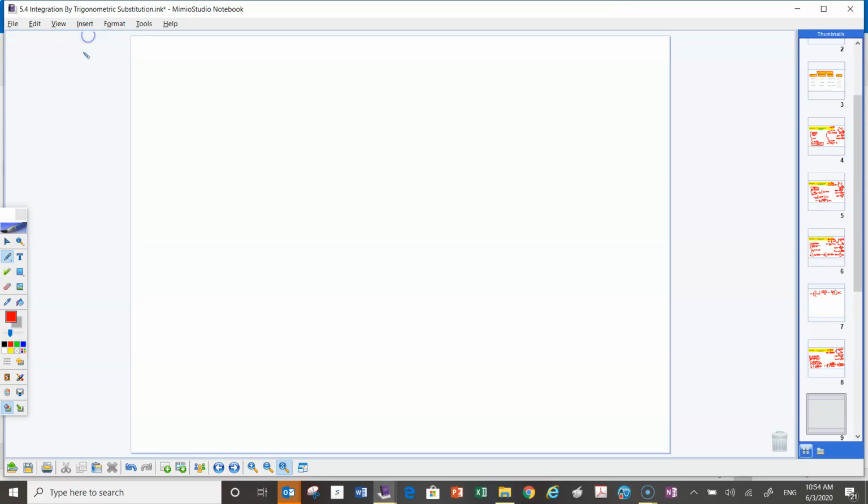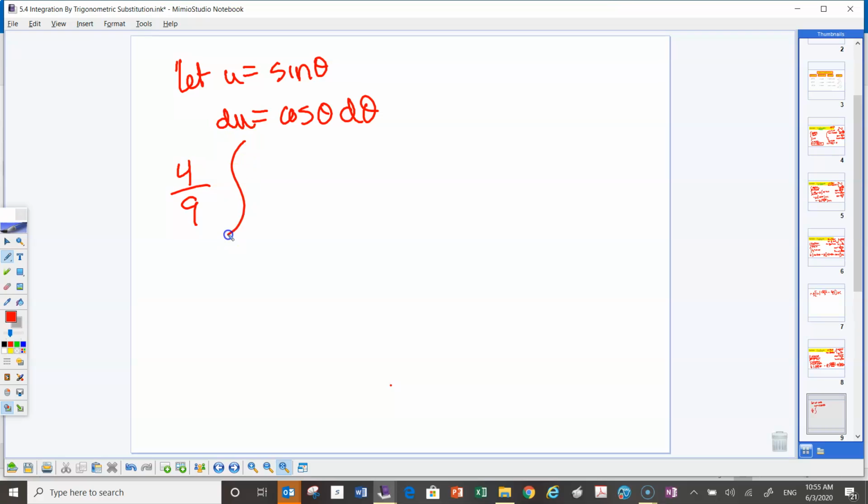Now at this point, I have to do a u substitution. I am going to let u equal sine theta. Therefore, du is equal to cos theta d theta. So this is going to become 4 over 9, the integral of du over u squared, which is really u to the minus 2.